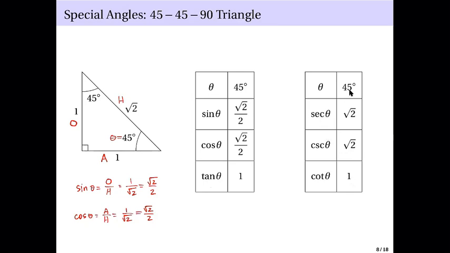So secant 45 degrees is square root of 2, cosecant of 45 degrees is square root of 2, and cotangent of 45 degrees is equal to 1. So this is the 45, 45, 90 triangle. You need to remember these values.